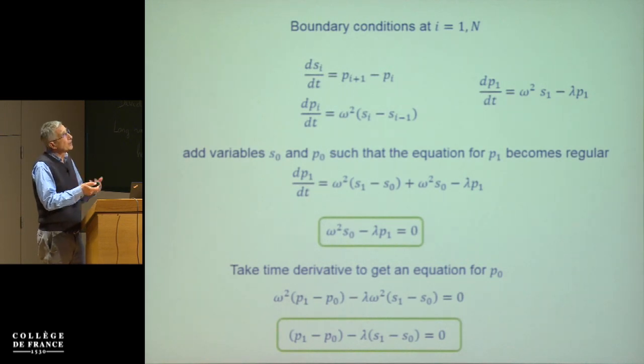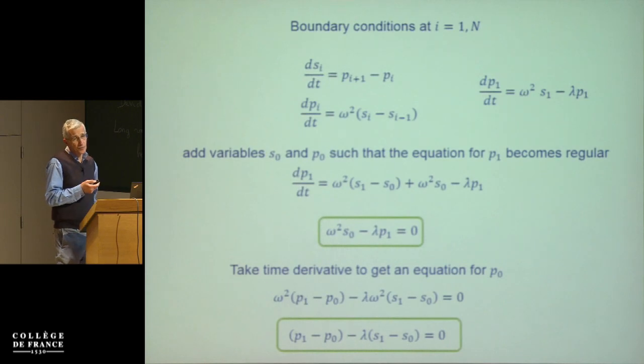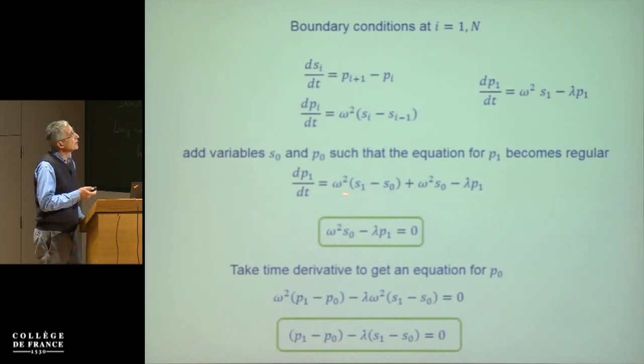Now you want to regularize this, that is, you want to bring this equation to the same form as this one. So the way to do that is to add a variable S0 to the left of it. And you write dp1/dt is just omega squared (S1 minus S0) to bring it to the same form.